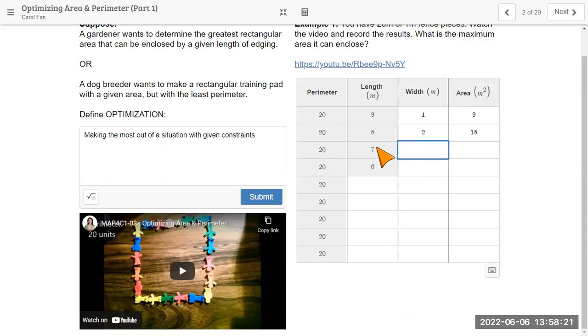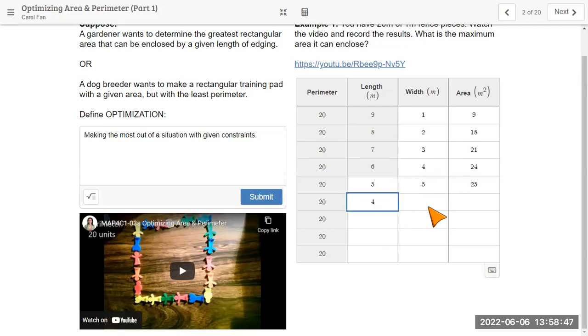When we had 7, width was 3, area was 21. 6 by 4 gave us 24. When we had 5, the width was also 5, our area is 25. So we can go back now.